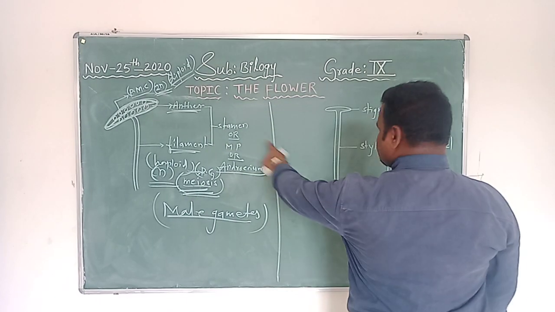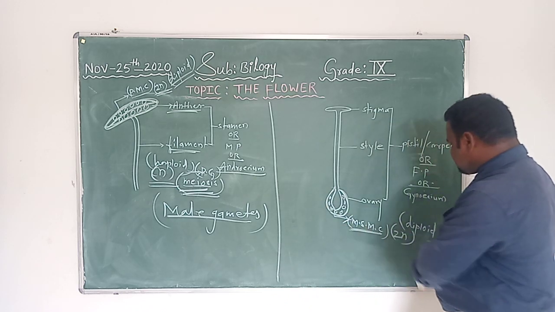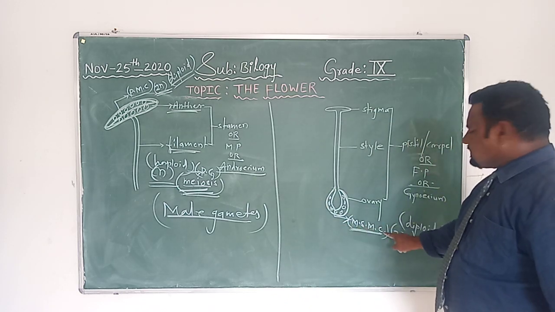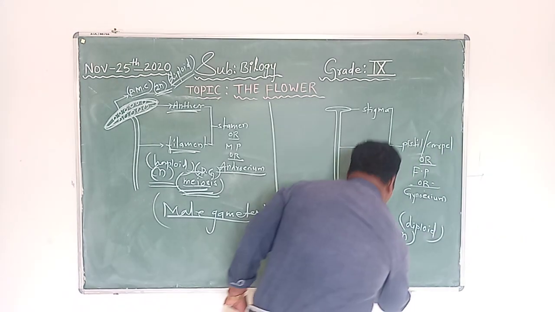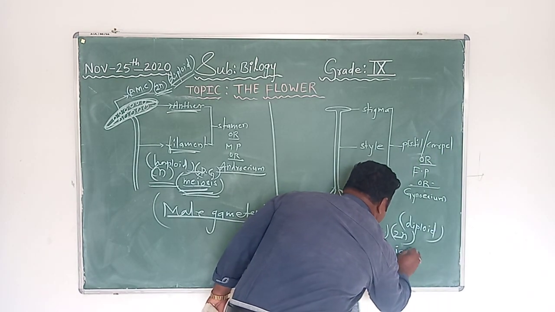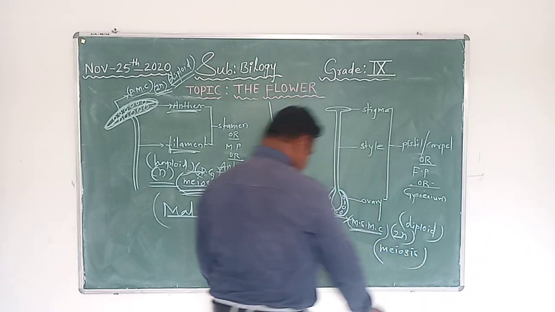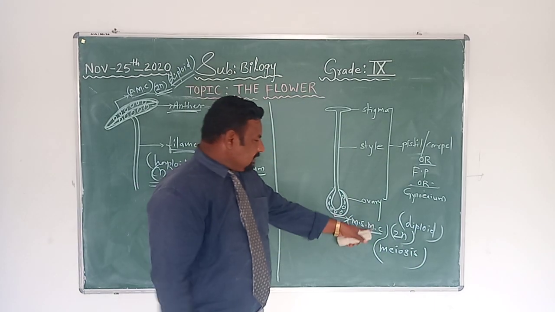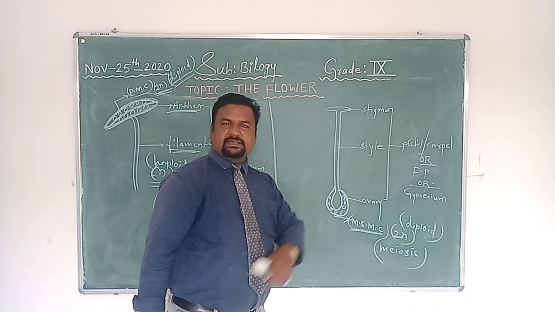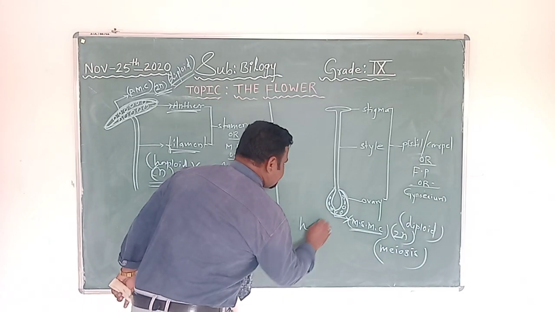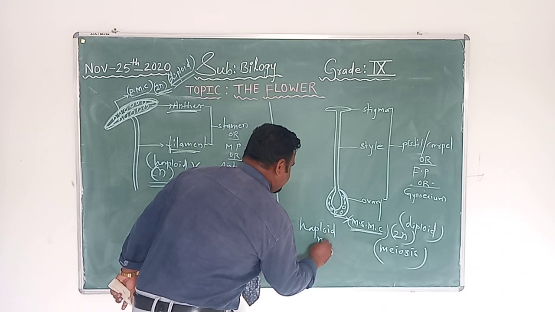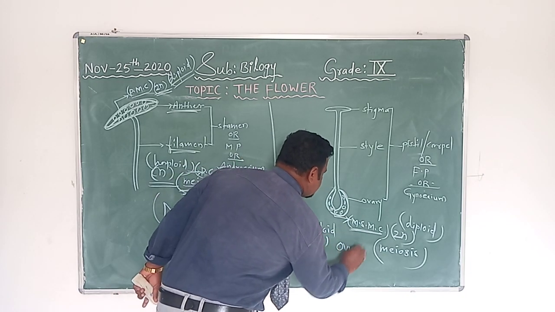Here, as the wall of ovary has megaspore mother cells which are also diploid in nature, they too undergo reductional division meiosis. And due to this reductional division meiosis, this diploid megaspore mother cells turns into haploid ovules.